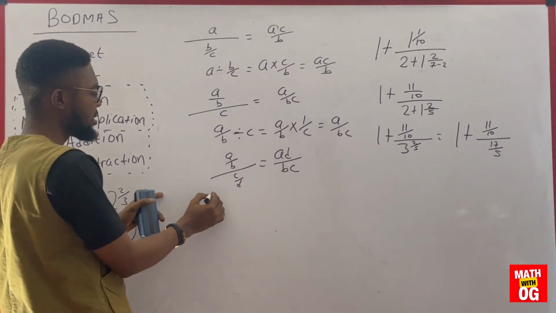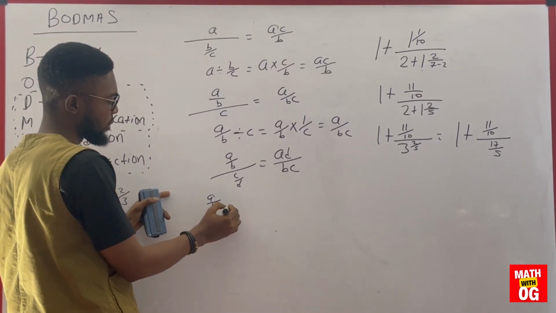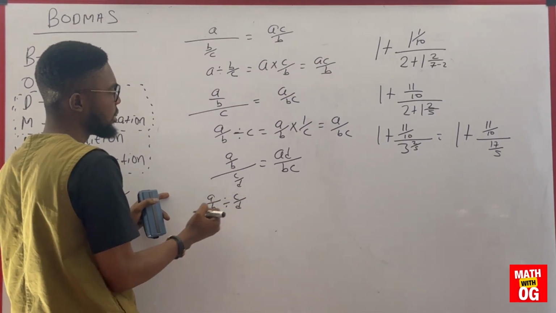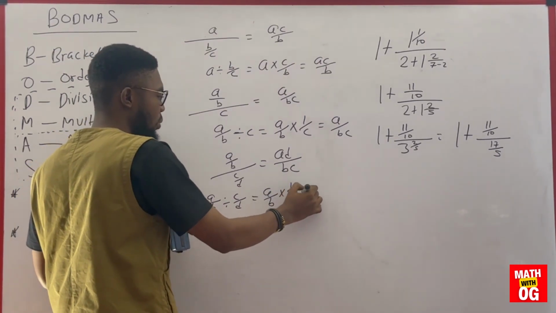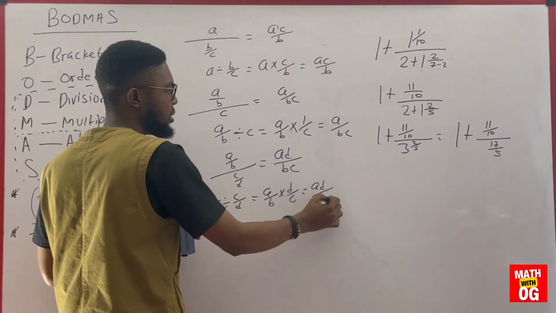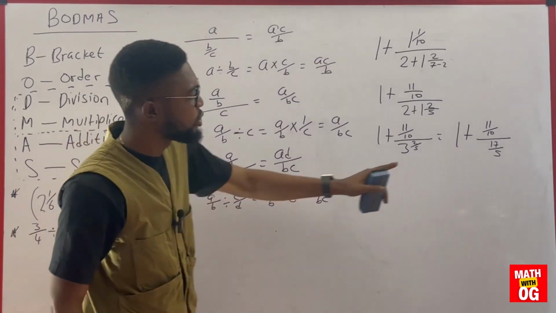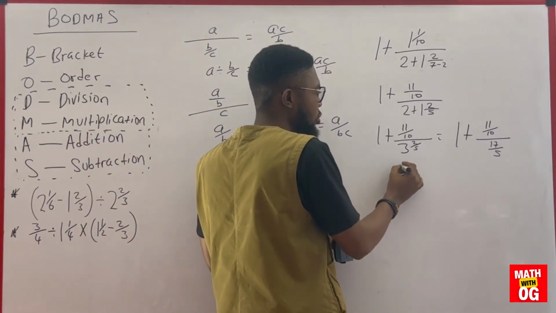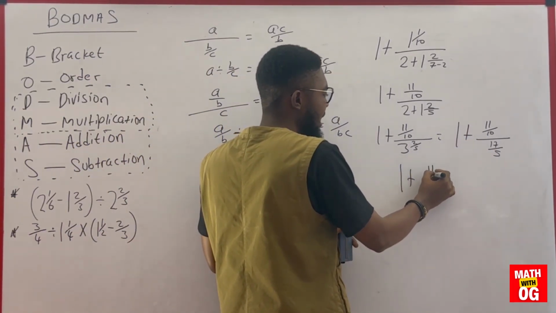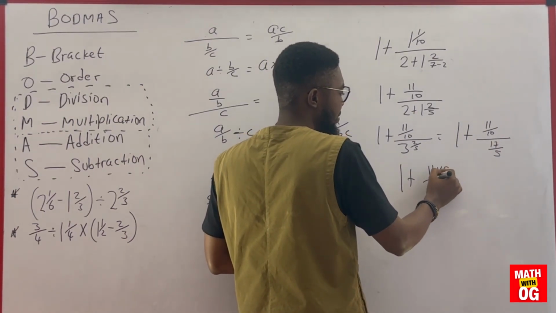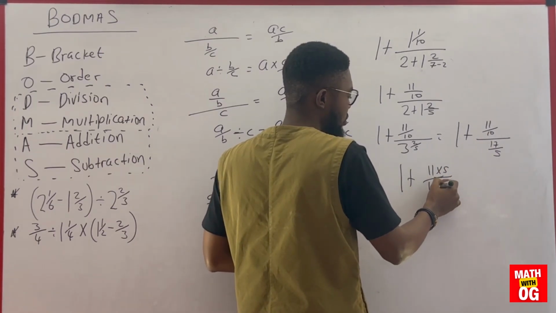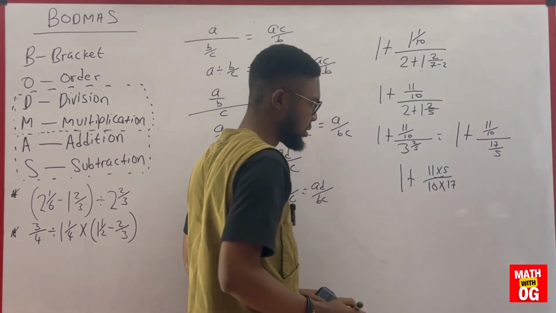How did we come up with that? This is A over B dividing C over D, which will give us A over B multiplying D over C, which is AD over what? BC. So following that approach, this guy here will give us 1 plus 11/10. 5 will go to the numerator, multiplying by 5, and 17 will go to the denominator, multiplying by 17.